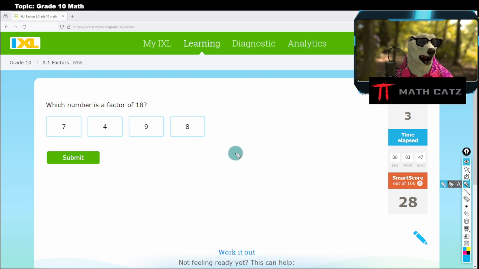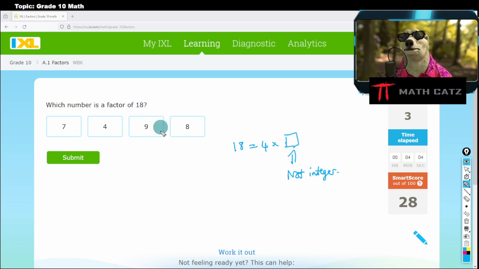So yes, if I include some decimal numbers, I can write 18 as 4 times something, but that is not an integer. So we're talking about divisibility in the integer sense only.